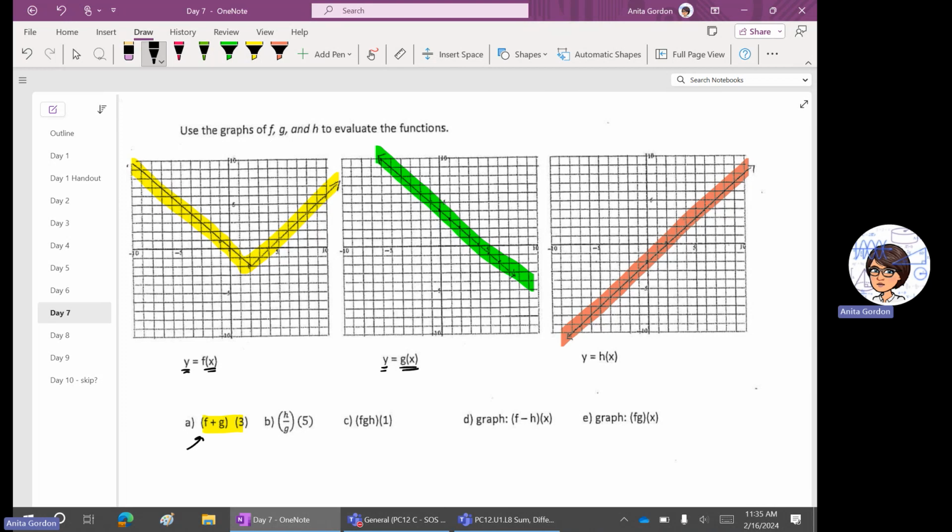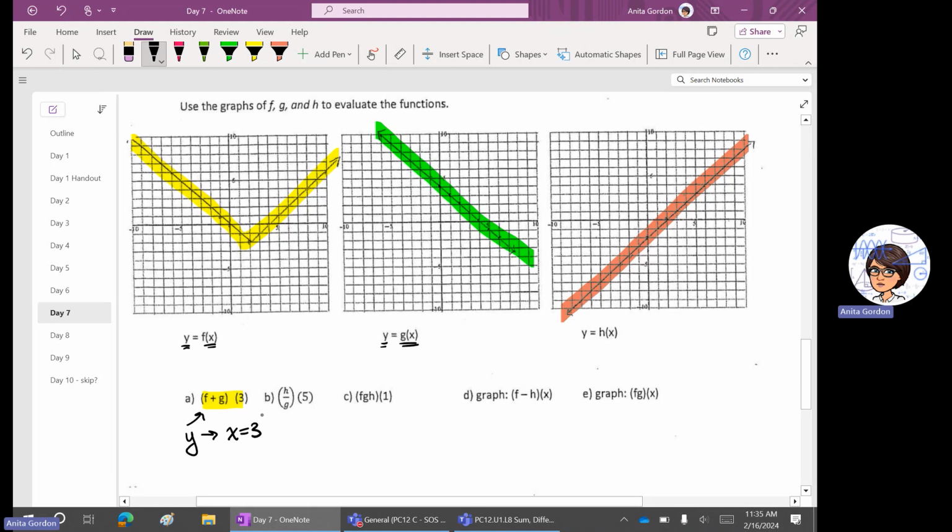So what we are asking here is, what is y when we have x equals 3 inside of f and g? So if x equals 3, what is f? So we go to the f function. 1, 2, 3, 1. So f of 3 is -1, because that's the y value right there.